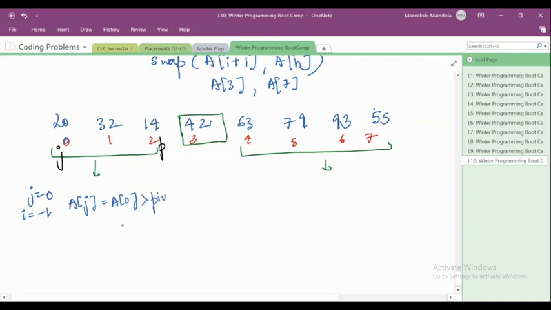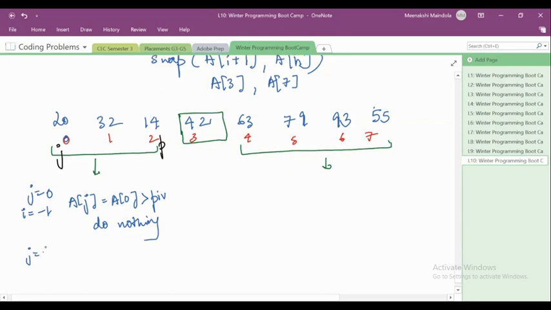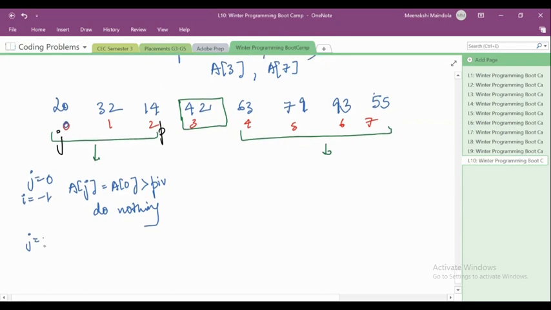So when this condition occurs, you do nothing and move ahead. So you increment the value of j, which is the next iteration of the j loop, and the value of i is going to remain the same because nothing happened in the previous iteration.